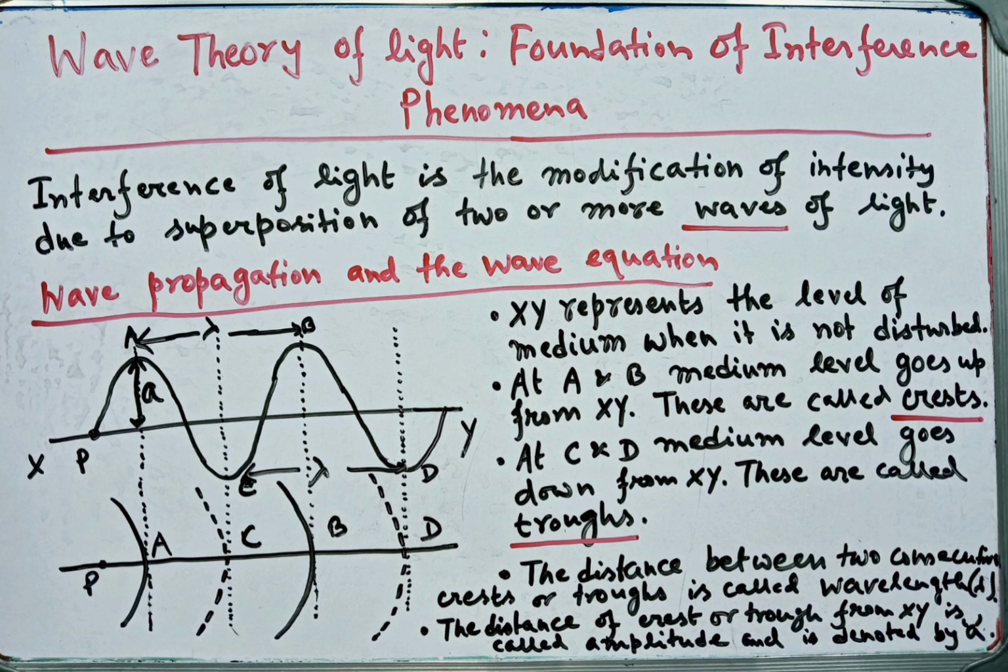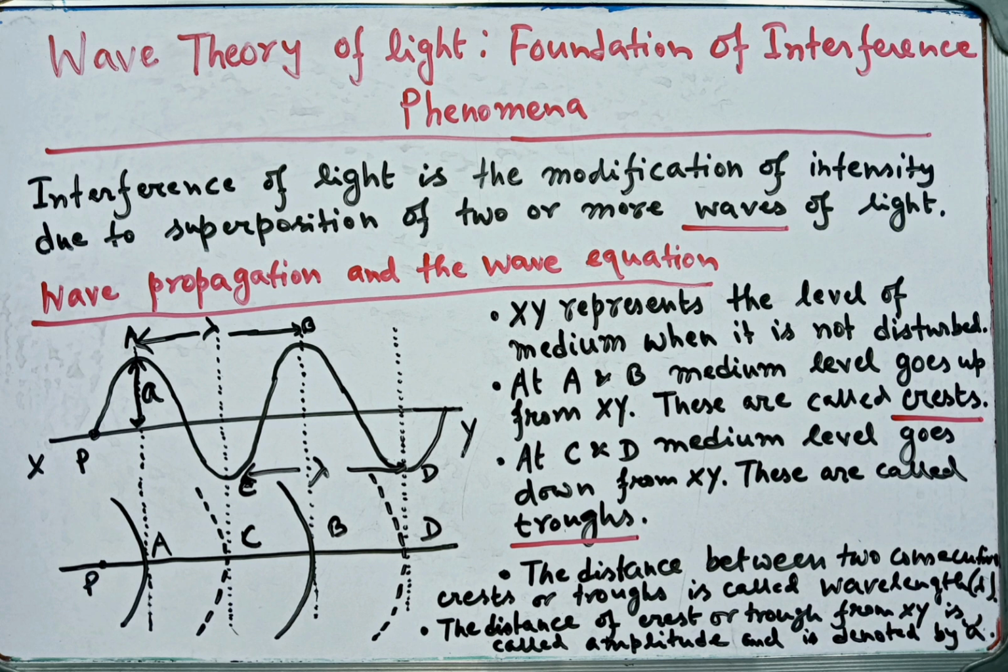So if we throw a stone in a pond, what happens? Where we throw the stone, from there waves are generated. We have seen that the water level goes up, and in some regions the water level goes down. Right.